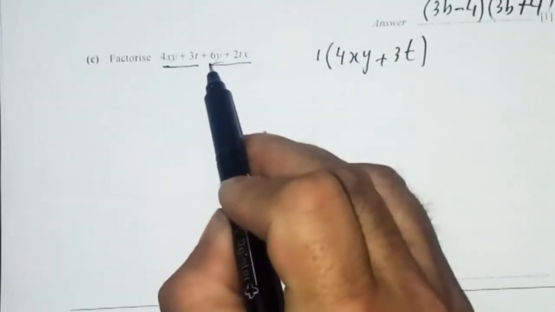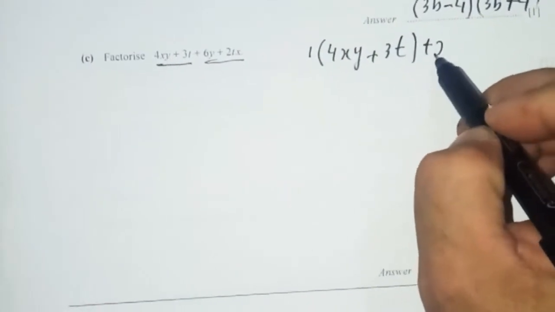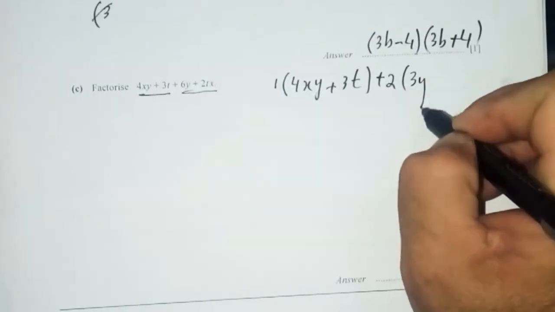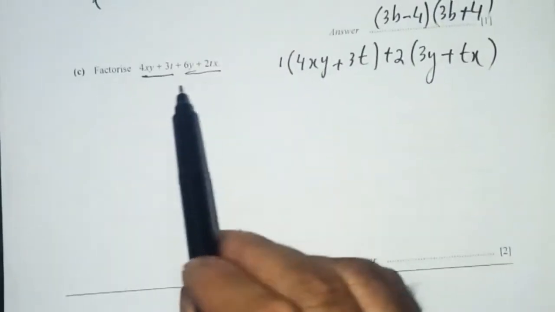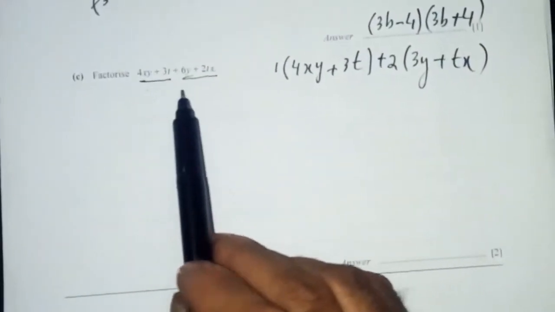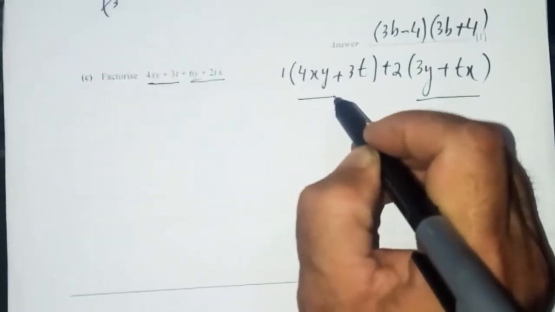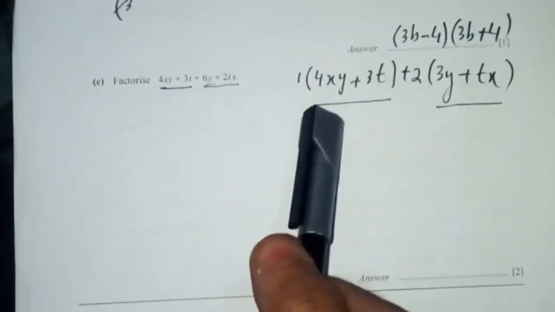And what is common here? It is 2 common, just 2 common. So let me take the 2 common here. It is 3y plus tx. Okay, so for factorization of such an expression, these two things must be the same, but here they are not the same.